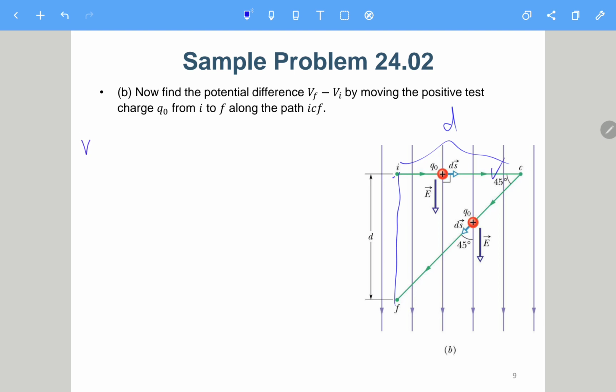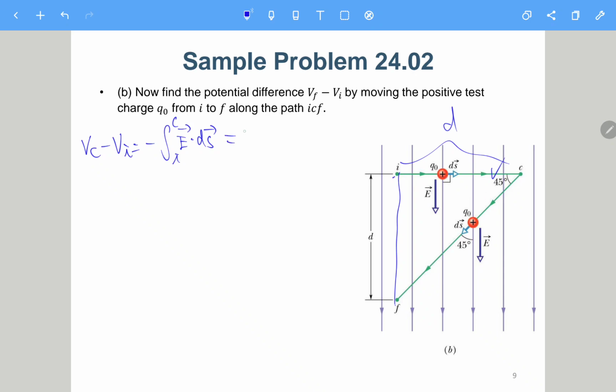Vc minus Vi will be negative integration from I to C of E dot ds. Here we can see that this is I, this is C. ds is pointing to the right all the way, and E is pointing downward.